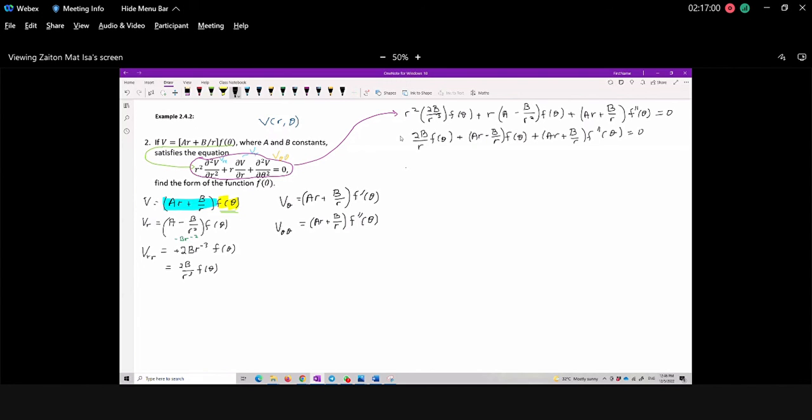Okay, so this derivative. What do we do? This and this are the same thing. This is F theta, right? And then the second term is F double prime. Any idea? The F theta, the first two terms. Can we simplify them? The 2B over R, and the second term has B over R. So what do you suggest?